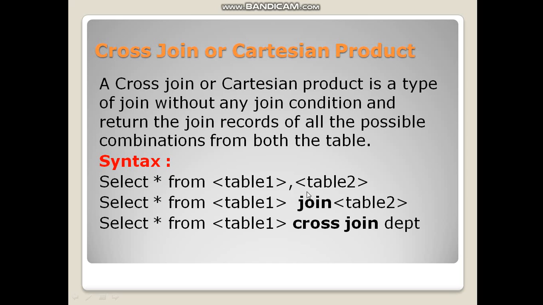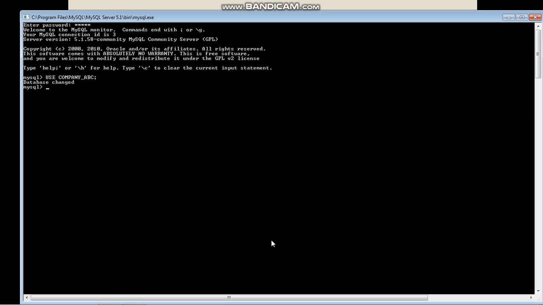Also, if you write the keyword cross join, it is the same as a join. Here each and every record of one table is combined with each record from the other table. For your reference, I will show you.